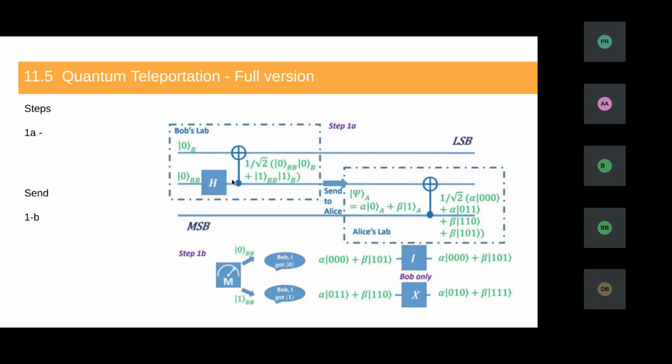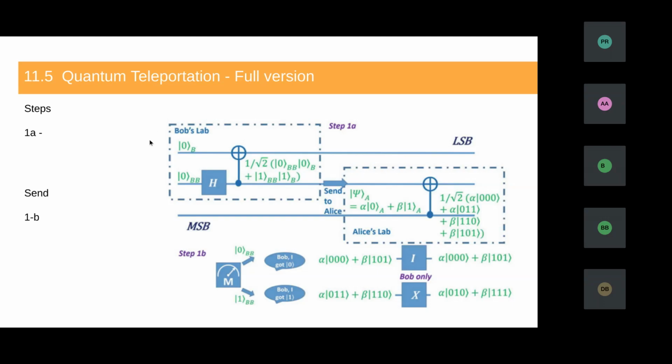Hadamard is to create the entanglement. Once you create the entanglement, you do a C naught. So you get a Bell state, and that Bell state is what you transmit to the Alice lab, and Alice has access to that, and she does a C naught if required. Otherwise, she just takes it as it is.